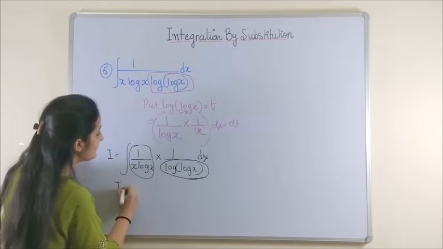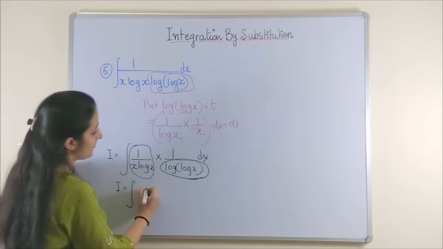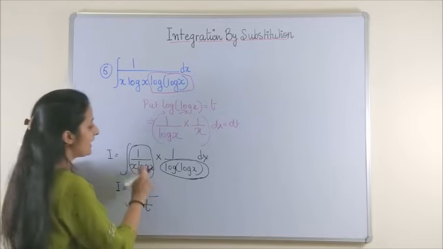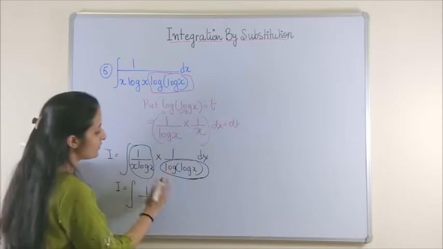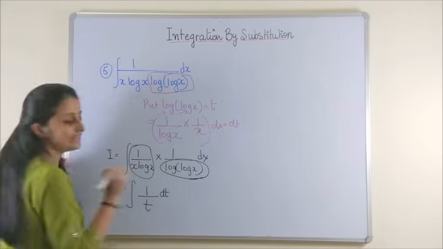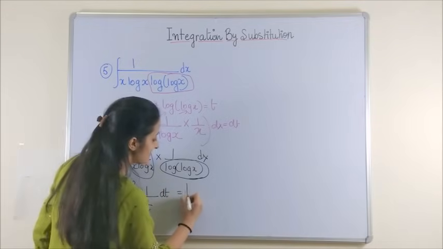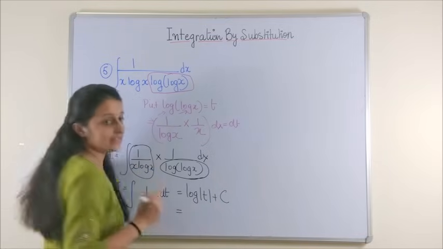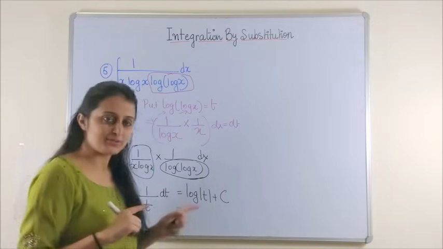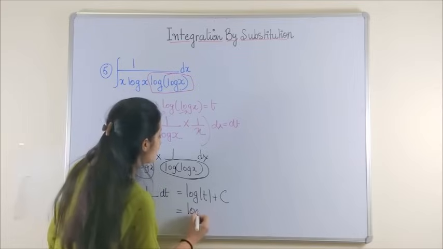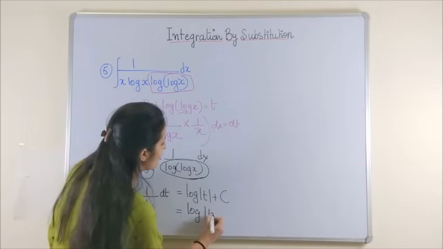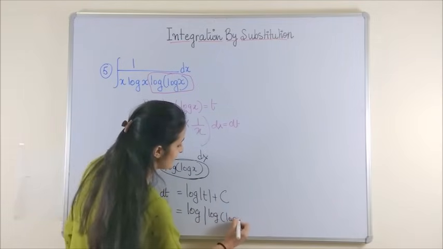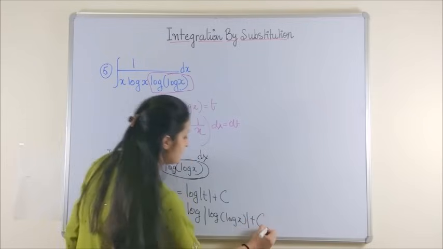So, my integral now changes to 1 upon t, and 1 upon x into log x is replaced with dt. So, the final answer is log mod t plus c, and in the end, don't forget to substitute your t as log of mod log x plus c.